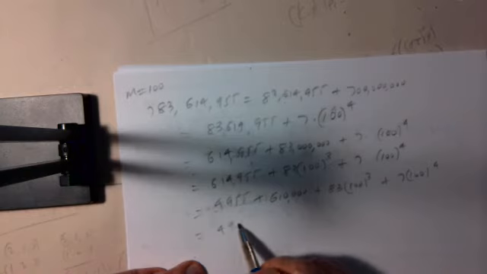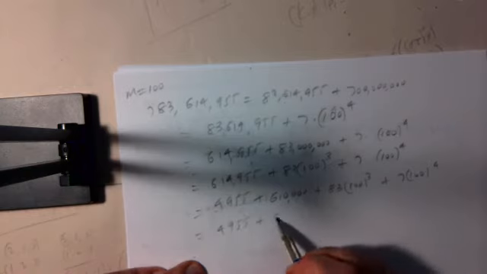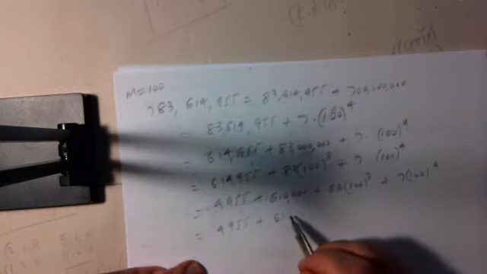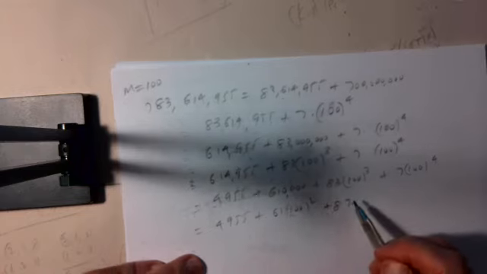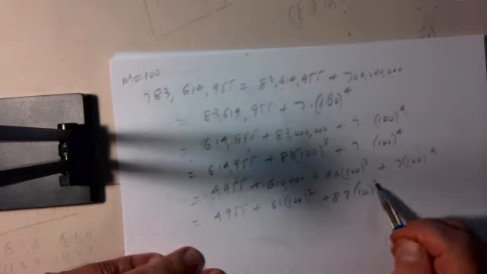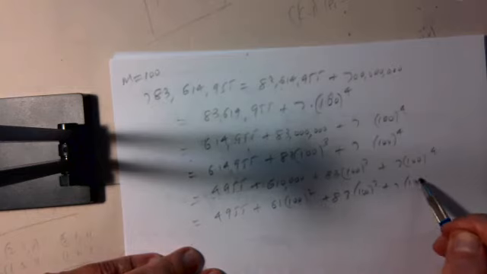This is 4,955. This is 61 times 10,000, times 100 squared, plus 83 times 100 cubed plus 7 times 100 to the fourth.